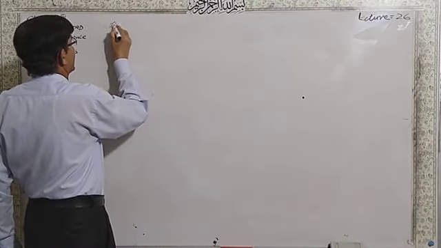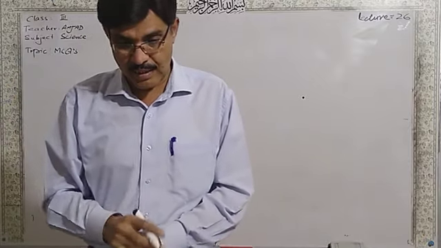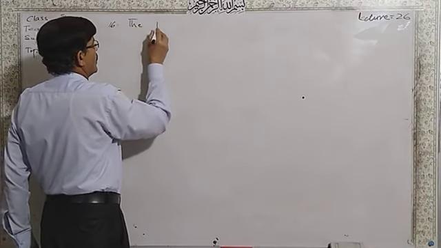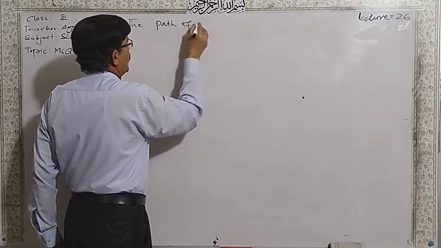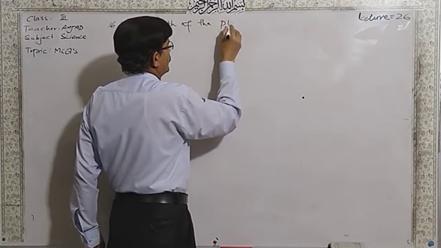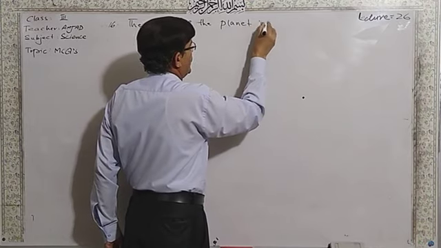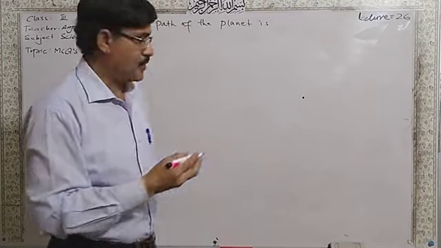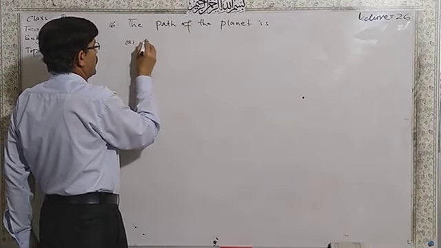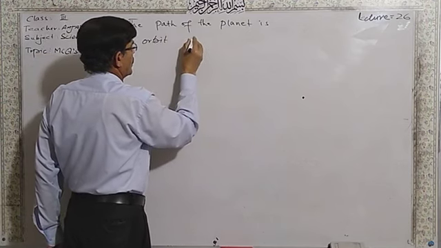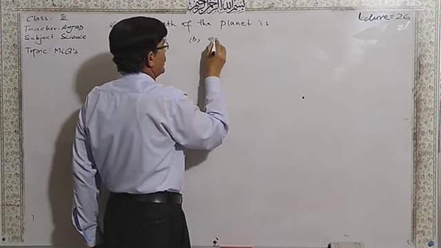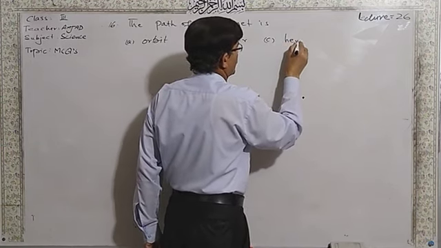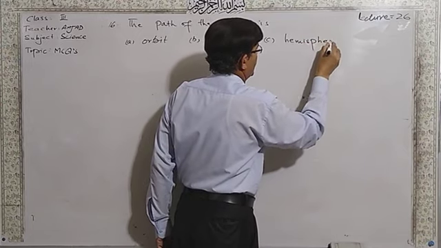Number 16. The path of the planet is: A, orbit; B, equator; C, hemisphere.